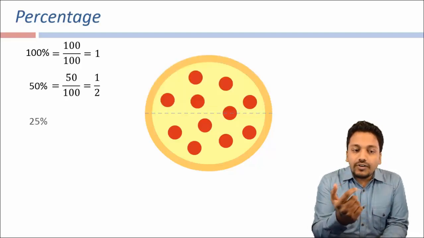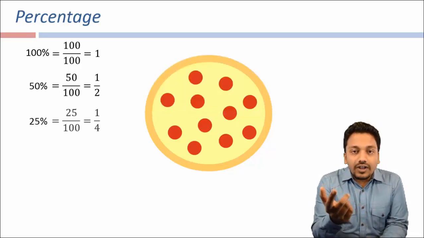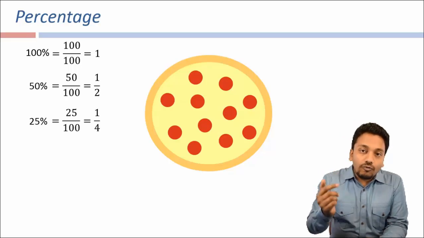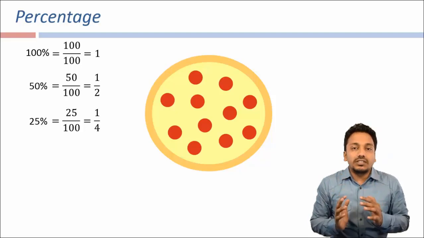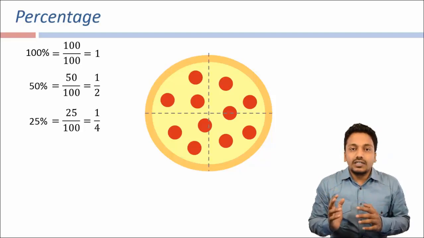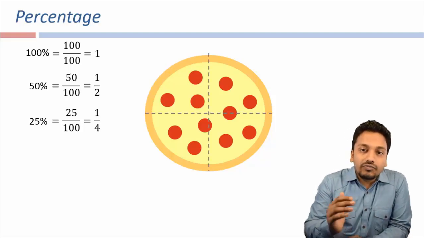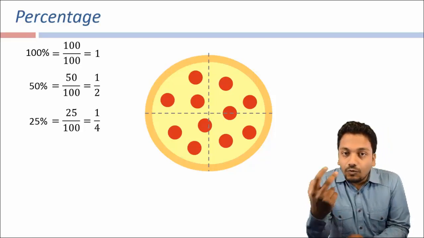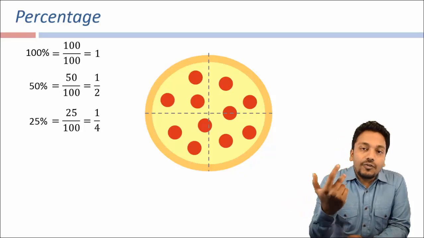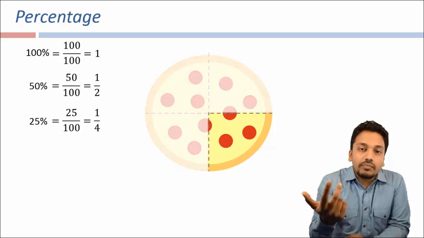Let's talk about 25%. What does that mean? 25 upon 100, that is 1 upon 4. So if I divide this 100%, that is 1 full pizza, into 4 equal parts, each of these parts would be 25%, and one of the 4 slices would represent 1 out of 4, that is 1 by 4.